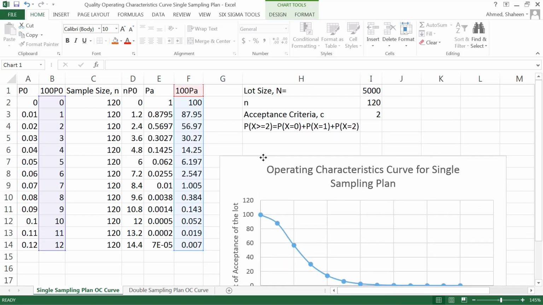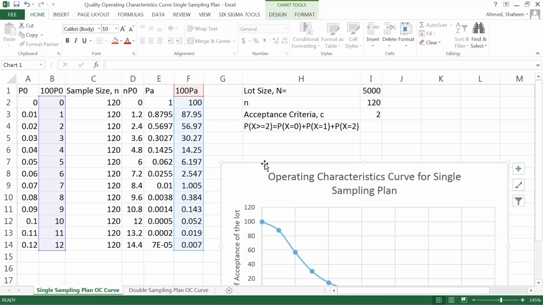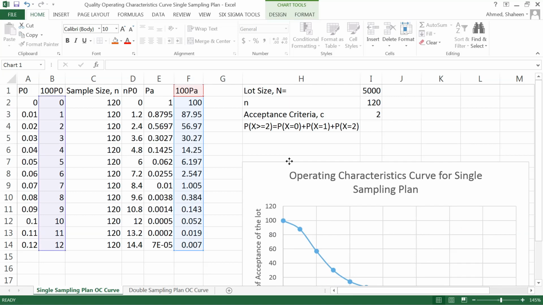The situation arises when your acceptance criterion is 2, however you have found 3 defectives or 4 defectives, not too many defectives but very close. In that case you may think, maybe I will take another sample in case I may accept the lot.